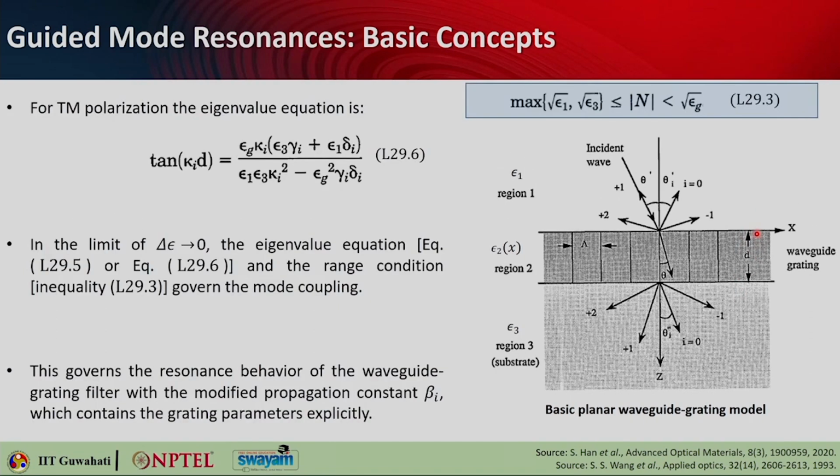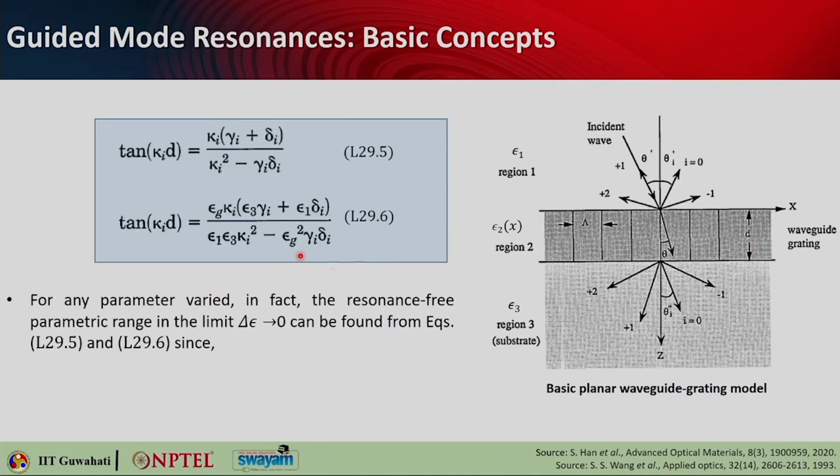What is d? You remember, d is basically the thickness of this waveguide grating. So, these are the conditions that you have seen, and for any parameter varied, in fact, the resonance-free parametric range in the limit of delta epsilon tending to 0 can be found from these two equations.